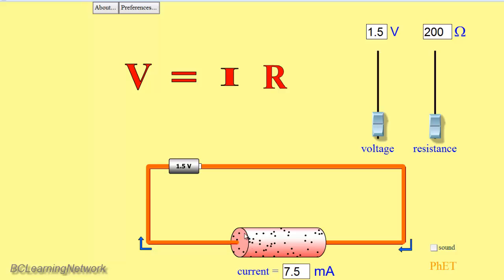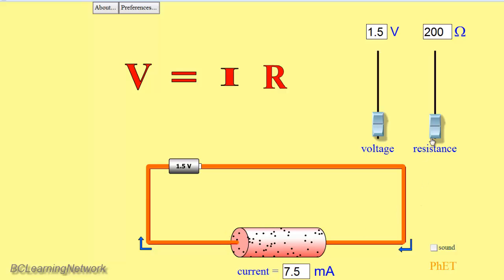You can see that the resistor is represented by this little cylindrical shaped device, and these little black dots represent some sort of impurity inside that resistance. The electrons are flowing basically unimpeded through the metal wires, very good conductors, and all of a sudden they get into a poor conductor, which is represented by a resistor.